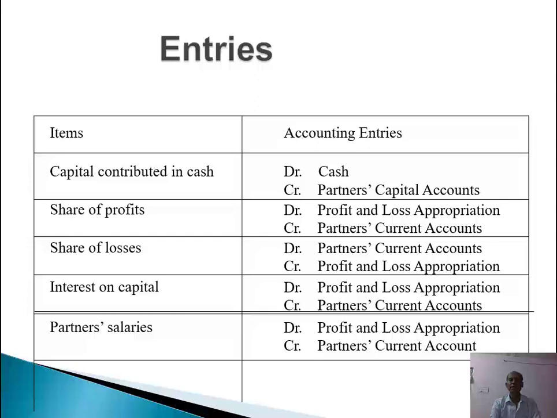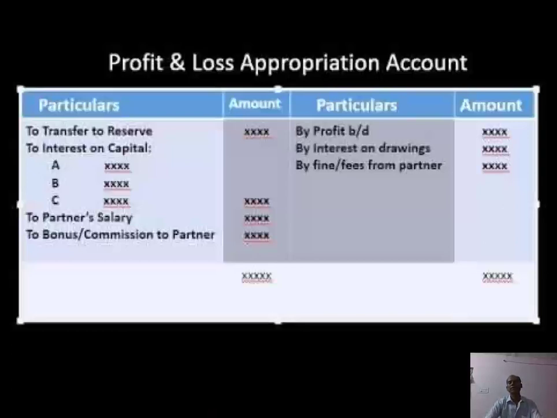See interest on capital: profit and loss appropriation account debit to partners' current accounts. Partners' salaries: profit and loss appropriation account debit to partners' current accounts. So for these entries, you can see the previous slides.